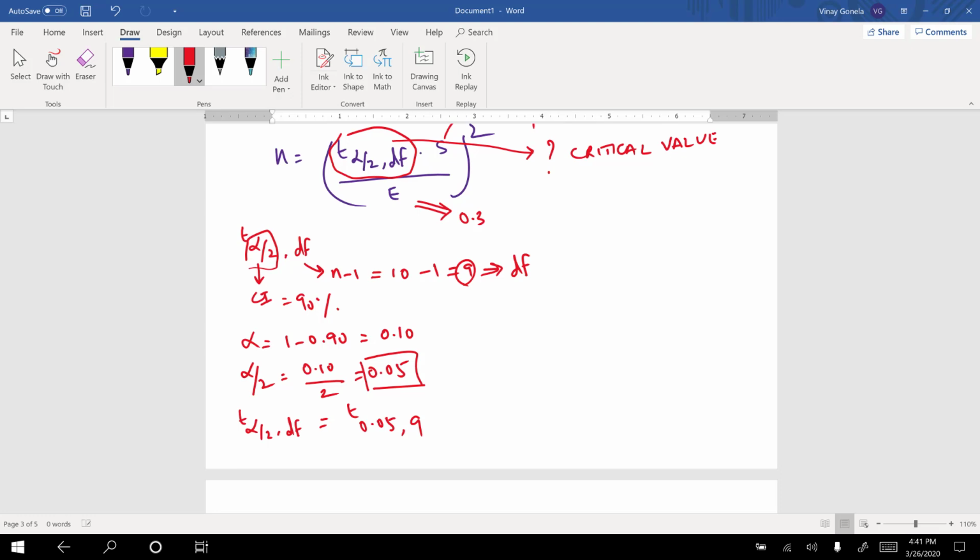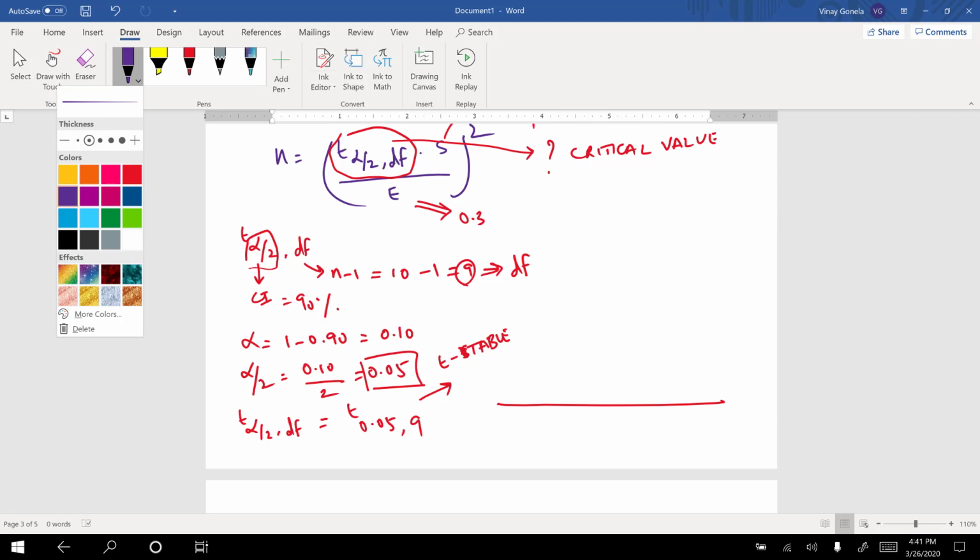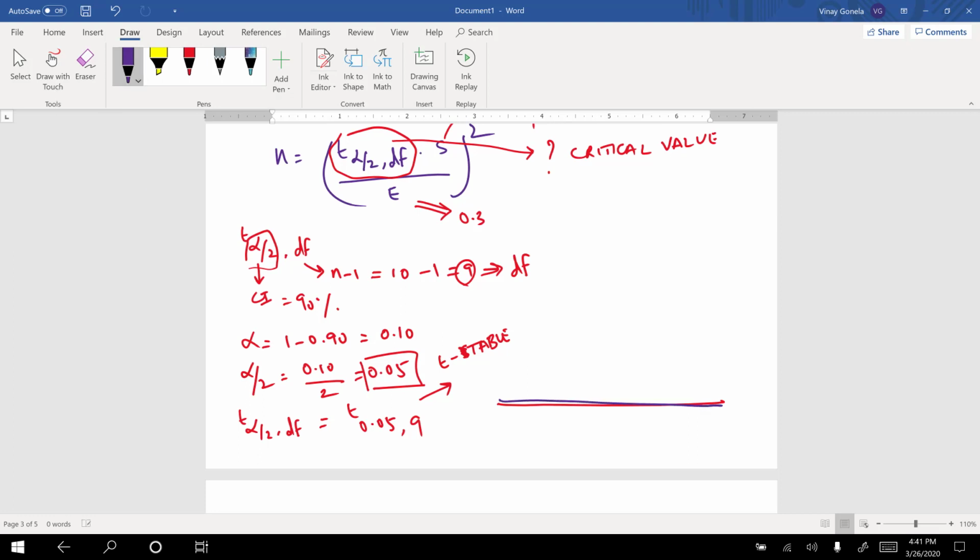So we will go and look for this in the T table. What this means is we have this normal distribution curve, and this is T 0.05. The T table always gives the right of the curve, so it gives me this point.